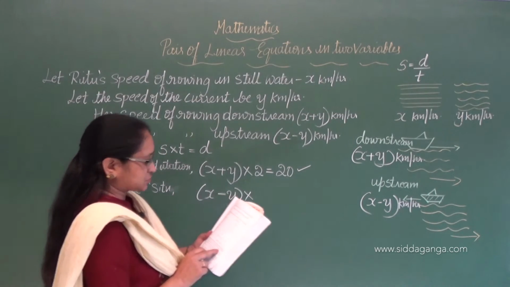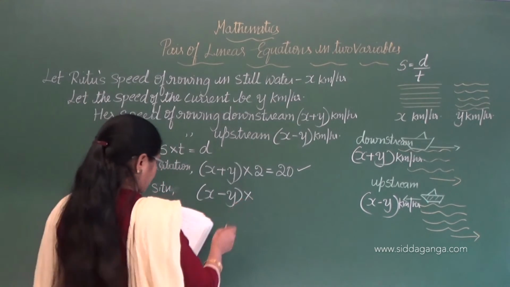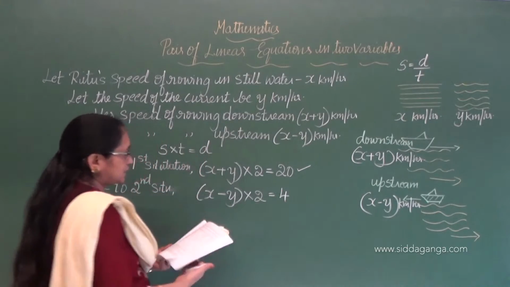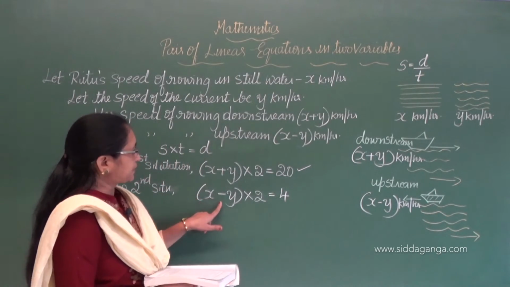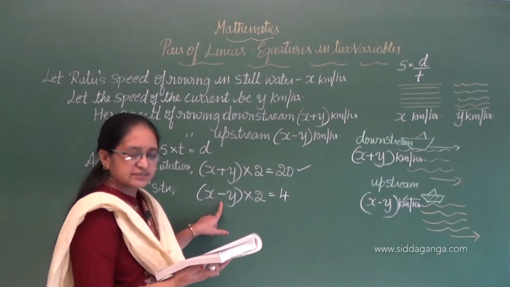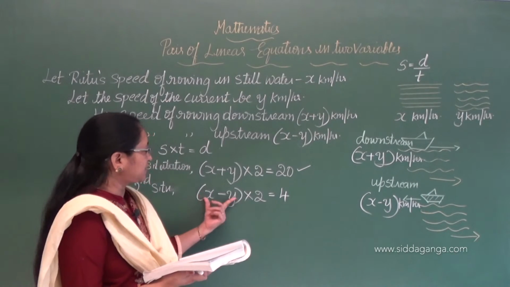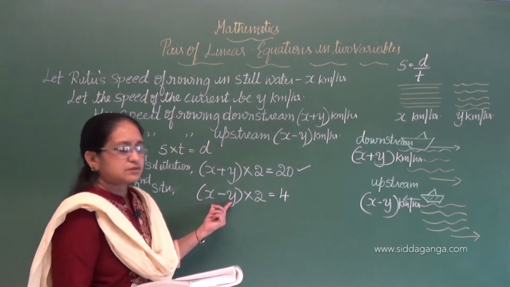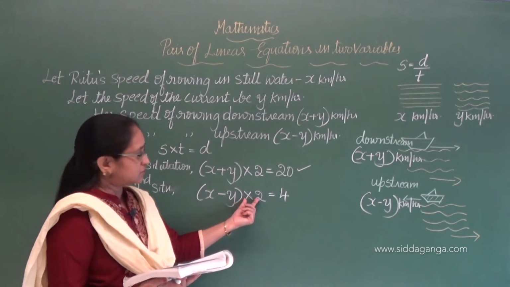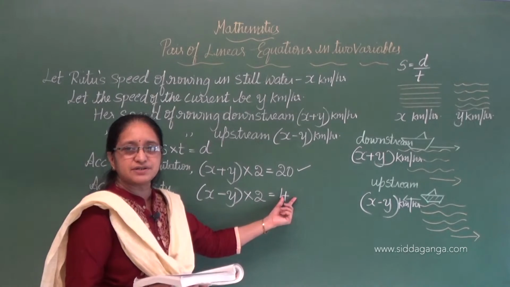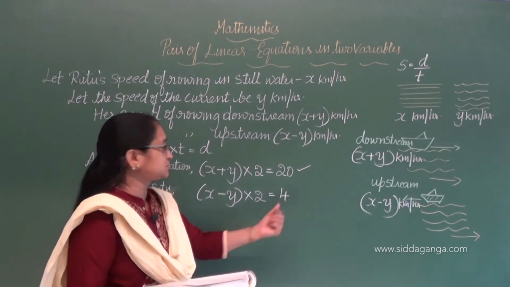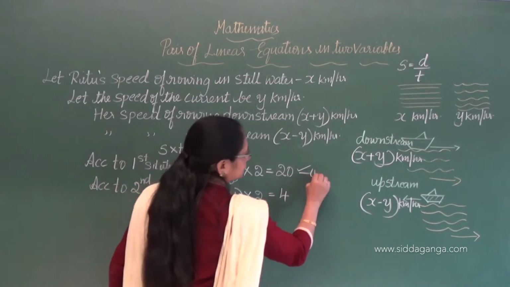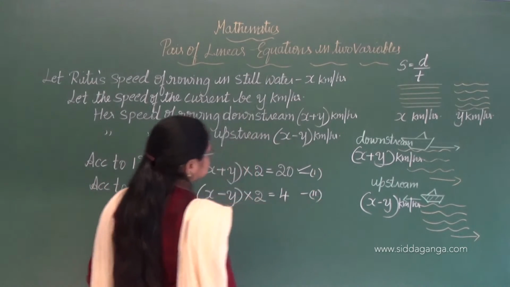Time is again 2 hours, but the distance is 4 kilometers. Understood? See here, speed for the second situation, that is upstream. I told you the speed will decrease, that is x minus y, and time is 2 hours, and distance covered is 4 kilometers. Understood? So these are two equations: first equation, second equation.